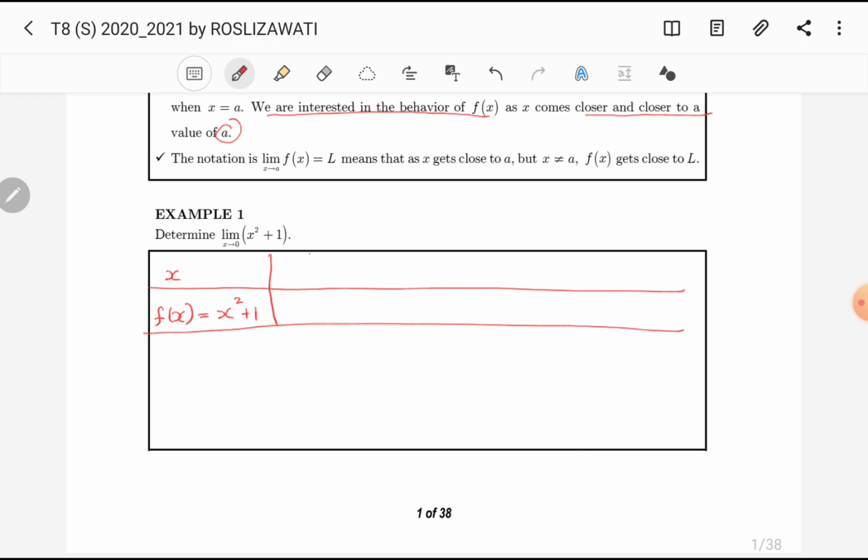Let's say we try to substitute negative 2. Negative 2 jauh sangat lah, kita padam lah. Kita buat negative 1, negative 0.5. So we decrease the number and the number is closer to 0. Next, kecilkan sikit lagi, negative 0.25.